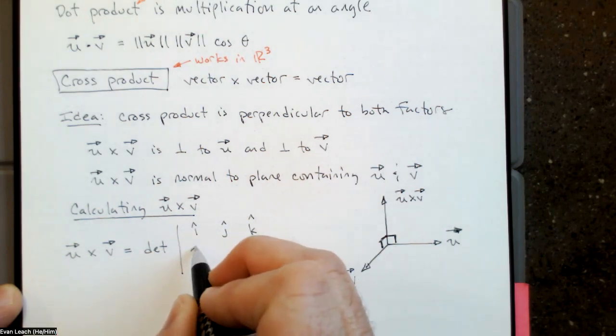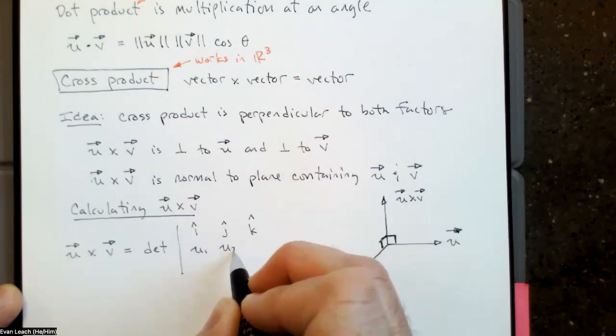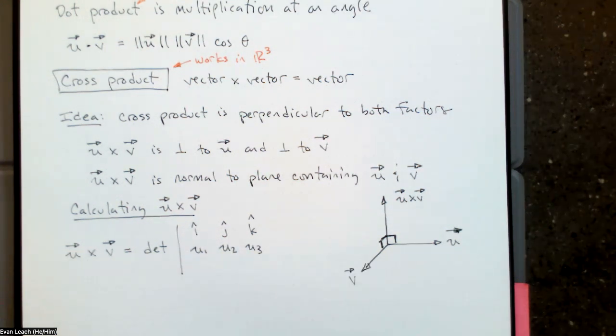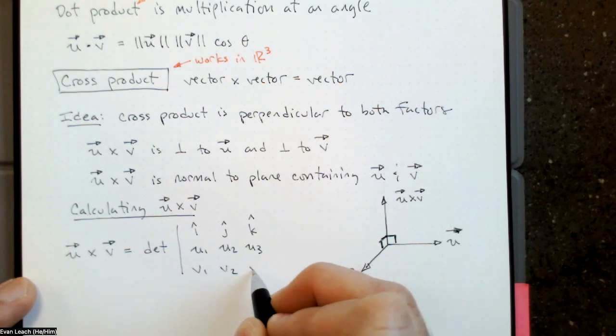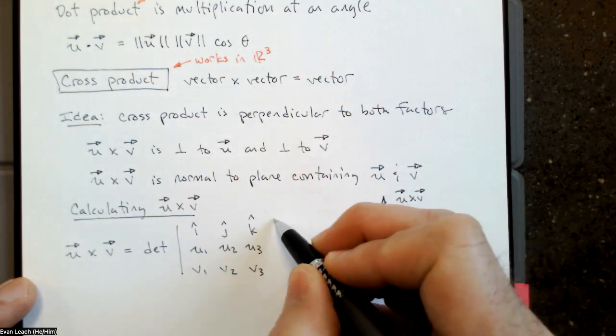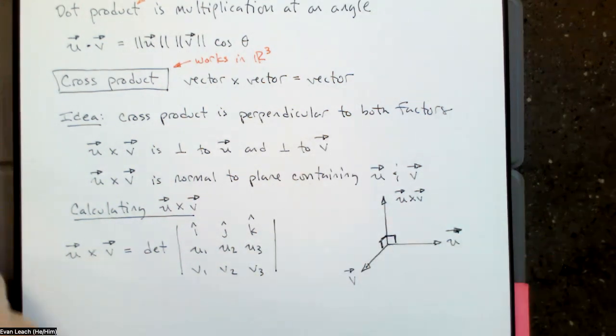The second row will have u1, u2, and u3. That's where we'll put the first vector. And then along the bottom row, we'll put the second vector, v1, v2, and v3. Where, as expected, u is the vector u1, u2, u3, and v is the vector v1, v2, v3.